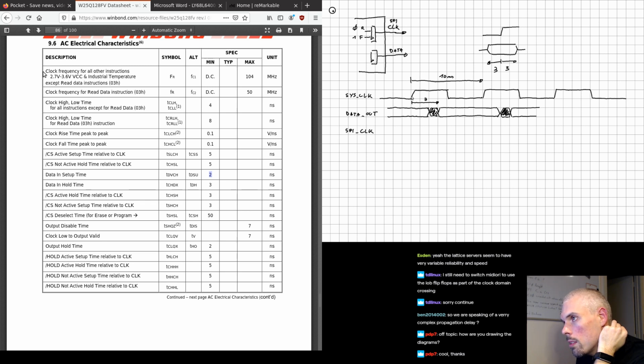So that means 3 nanoseconds after our sys clock happens, because it's still an IO register, it might be a DDR one, so it switches 2 times per cycle, but it still has the same delay, our SPI clock is going to output 0. So this, and then 3 nanoseconds after the falling edge here, we're going to generate a rising edge, because we're outputting 1.